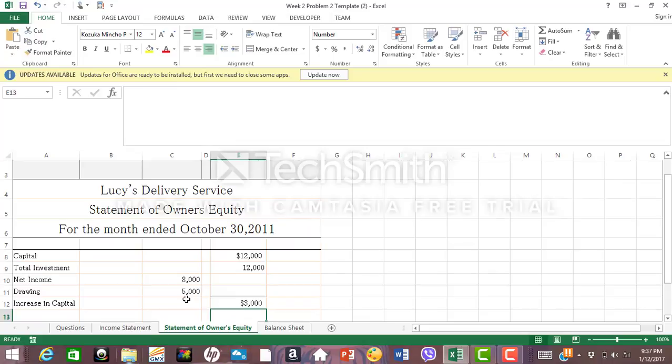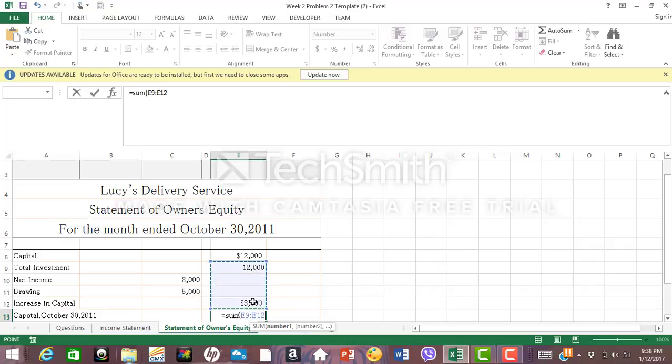So your increase in capital would be $3,000. Therefore, your capital as of October 30th, 2011, meaning that in November 1st, your capital would be 12,000 plus the 3,000.